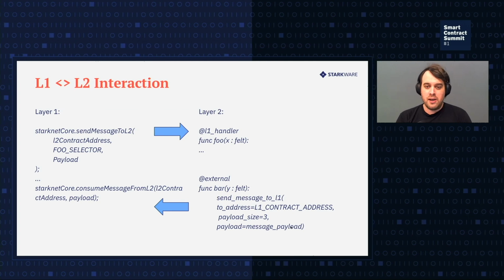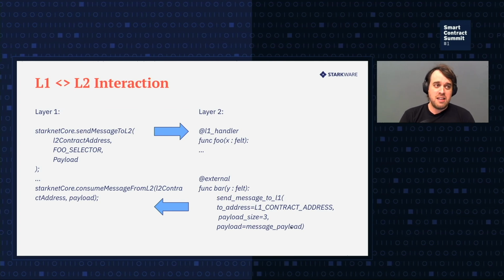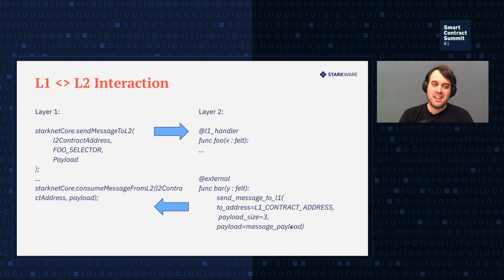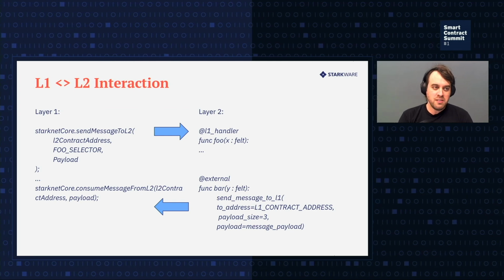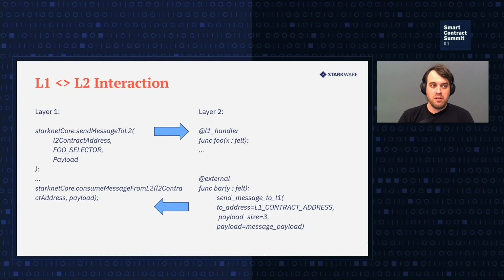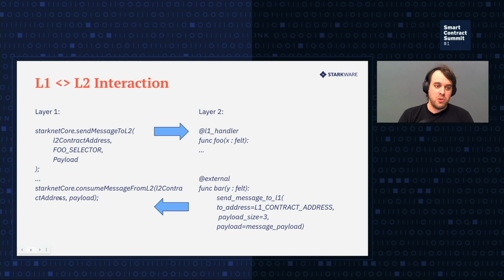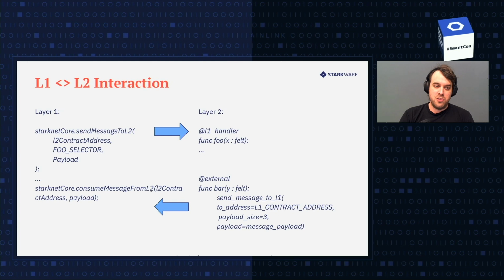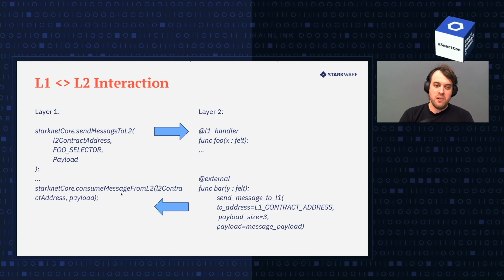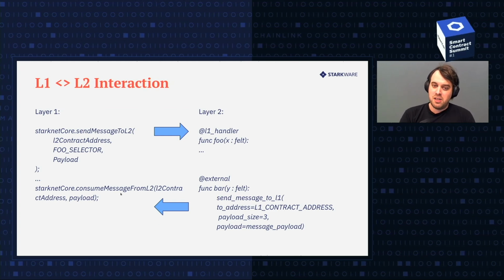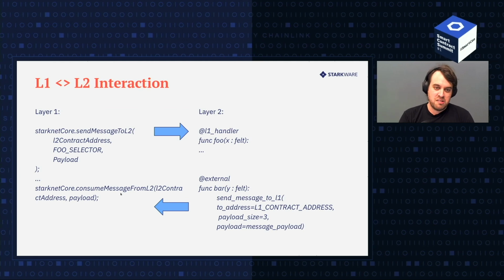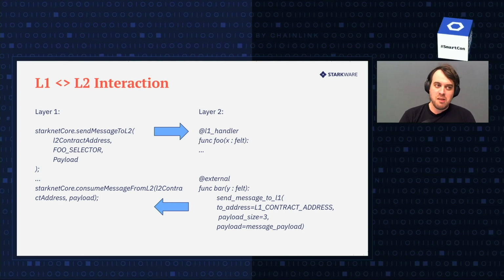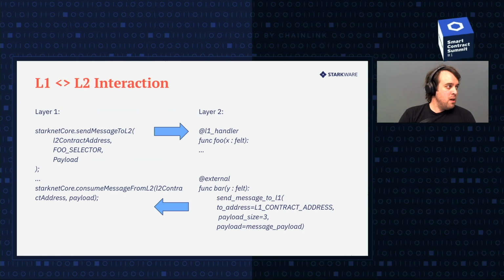What this function does is send this actual message to a dedicated layer 1 contract. And then our own layer 1 Solidity contract is then able to invoke the StarkNet core consume message from layer 2 function here in order to consume this message after it was delivered. So this is the basics of this interaction.